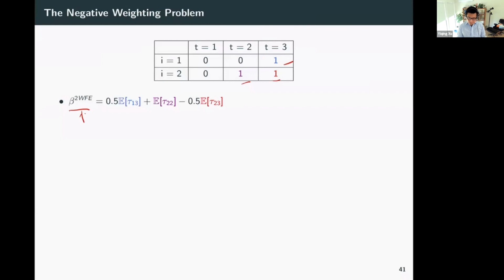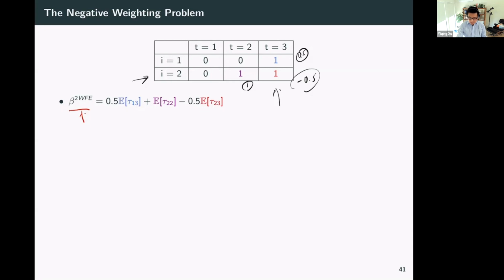If you do the decomposition, you will find the weights are 0.5, 0.5, 1, 0.5, and negative 0.5. Why is this negative 0.5? Because this guy, as an early adopter, when it reaches the 3rd period, this observation serves as the control for the late adopters, so the net weight becomes negative. Does that make sense?